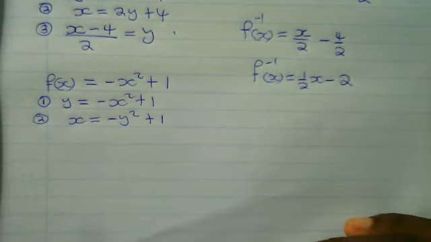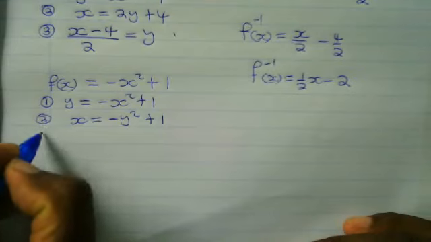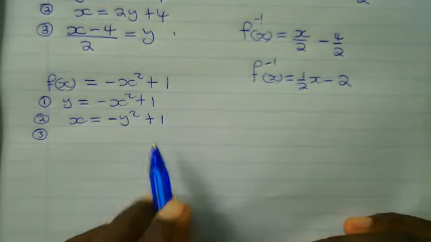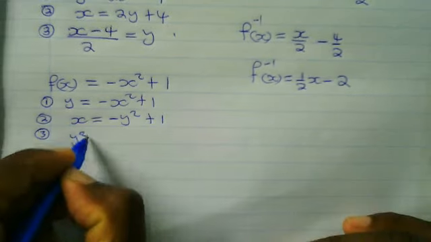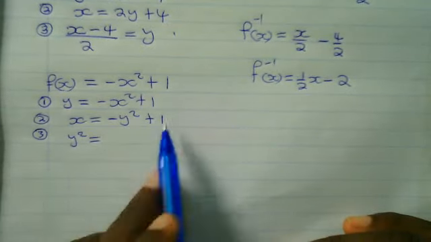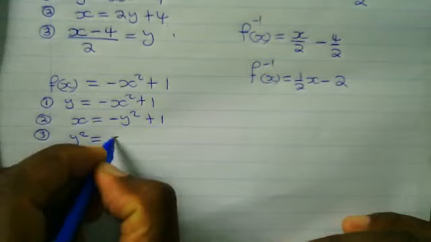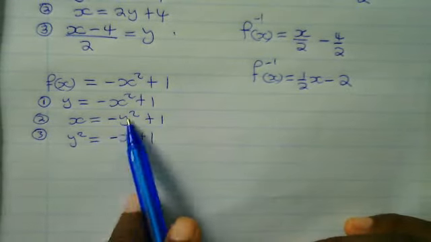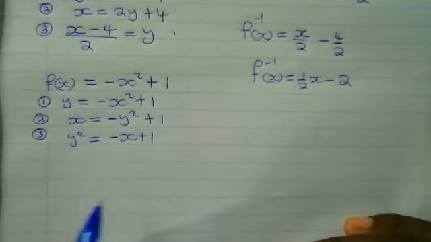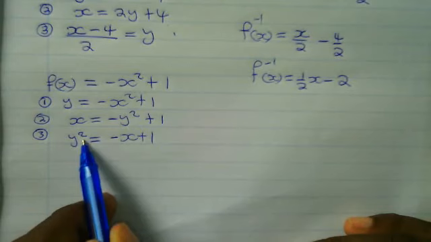So when you have this, now you can make y the subject of the expression. The y is negative. Let's take it to the other side. We have y squared is equal to negative x plus 1. I've just taken the y to the left and the x to the right, and then this is squared.